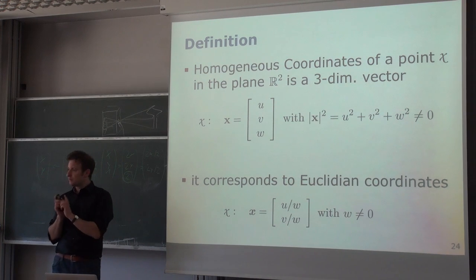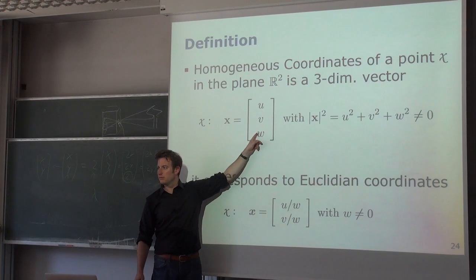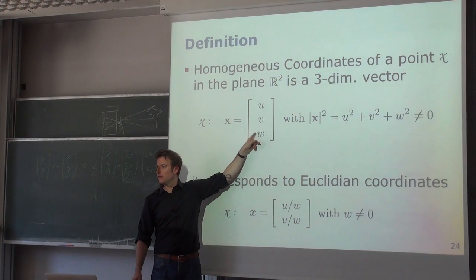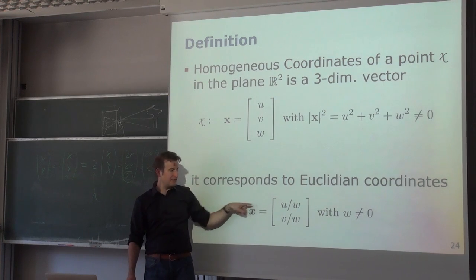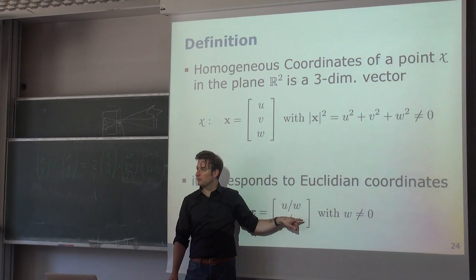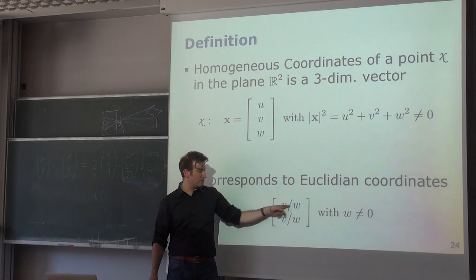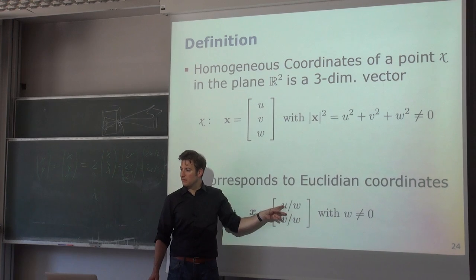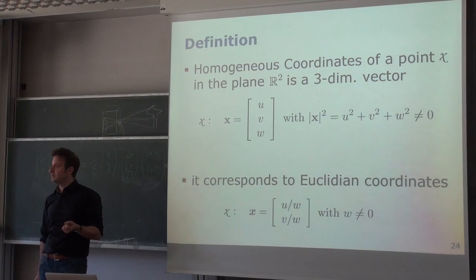In the homogeneous coordinates, it's perfectly fine to have a 0 down here. But if this last component is 0, I cannot directly map back to the Euclidean world, at least with finite coordinates, because I would divide by 0, and that would be kind of infinity here. And this is exactly the way, as we will see later on, how we can actually represent points at infinity.